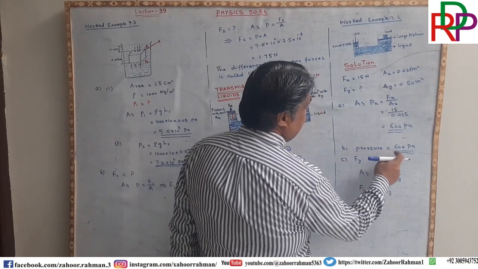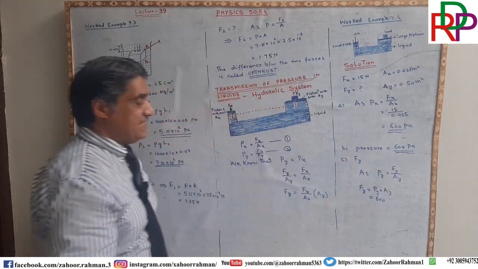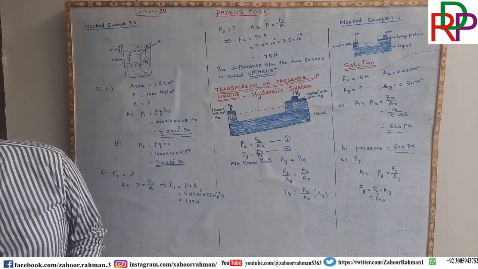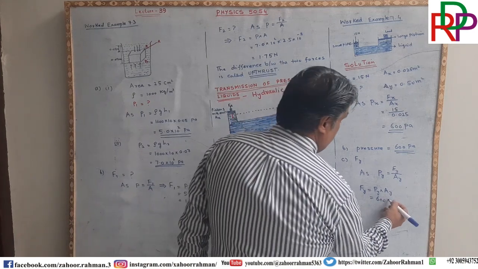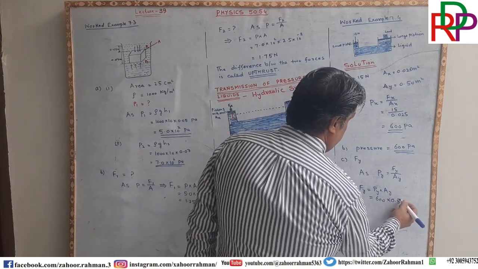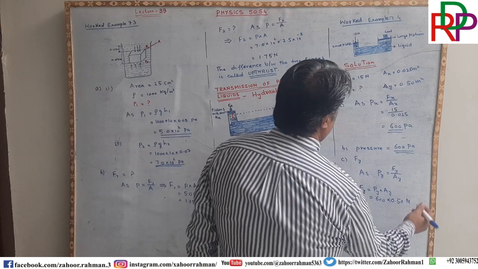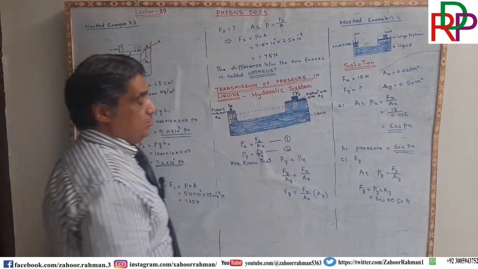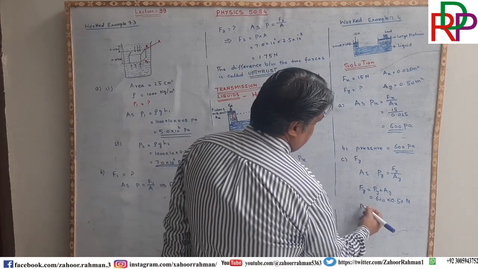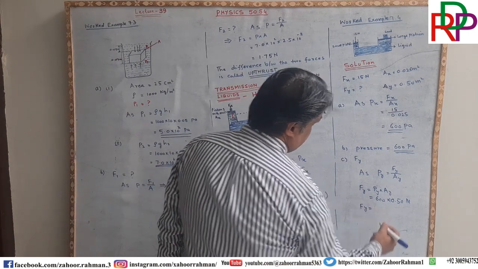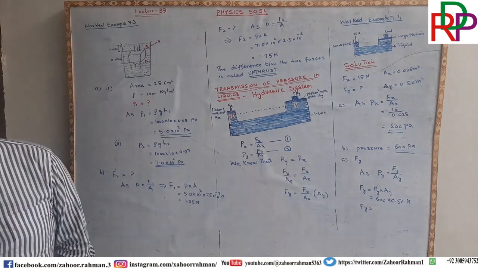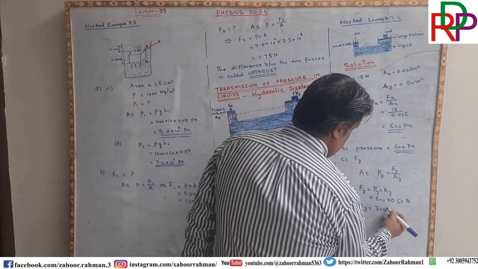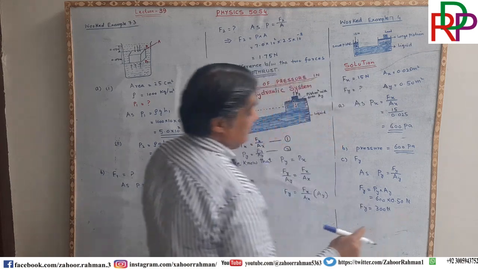We found in this case both are the same, and Ay is given as 0.50. So when we calculate it, Fy comes out to be 300 Newton, which is much larger than the force at point X.